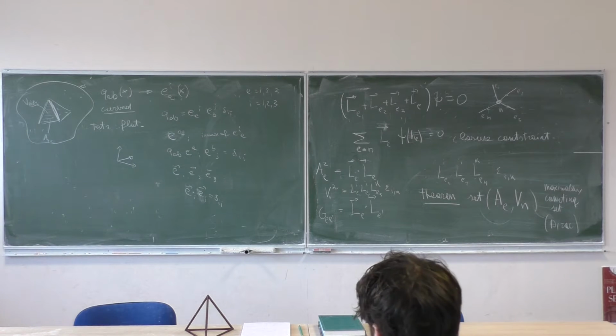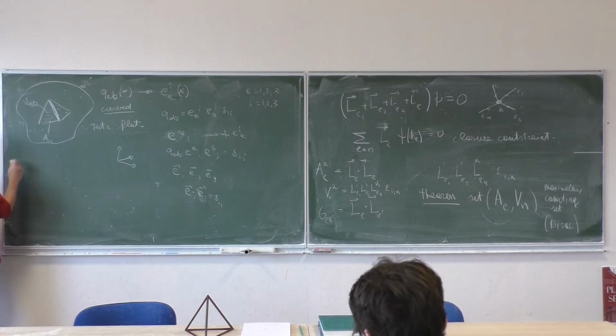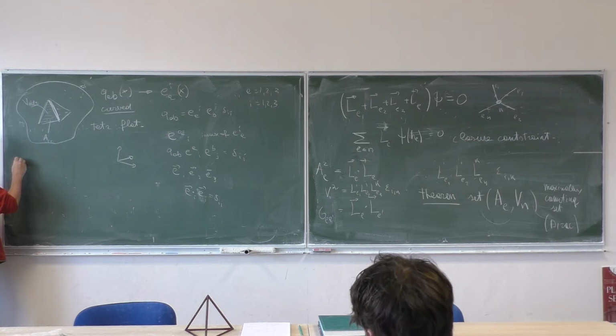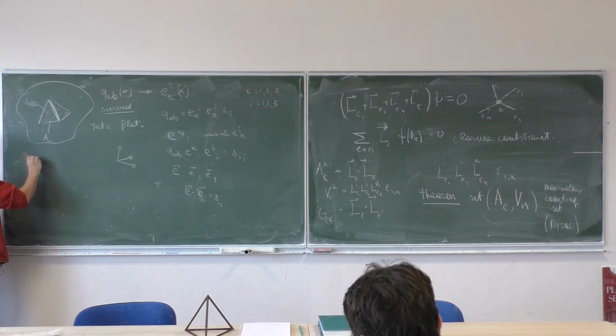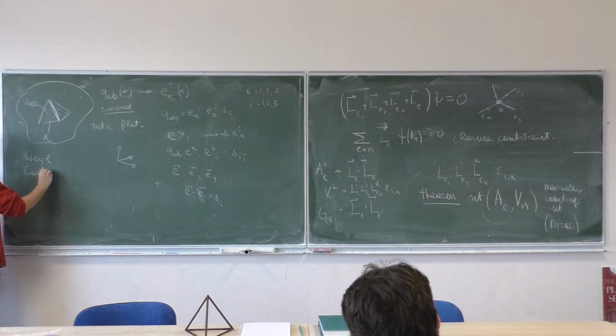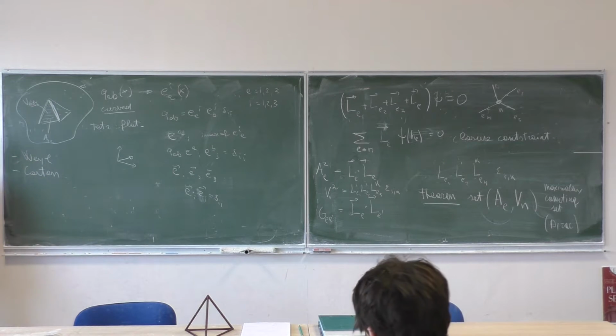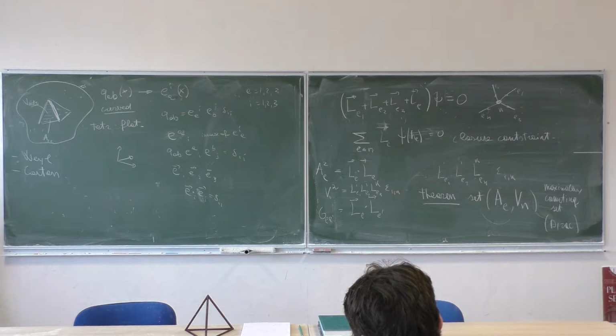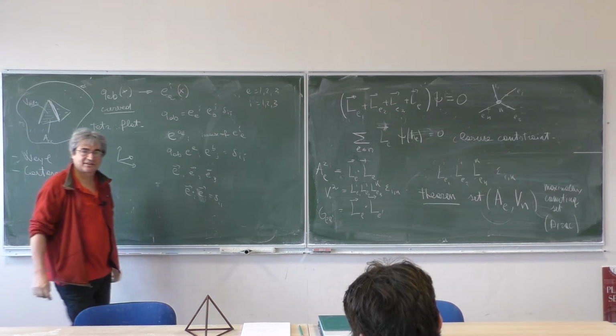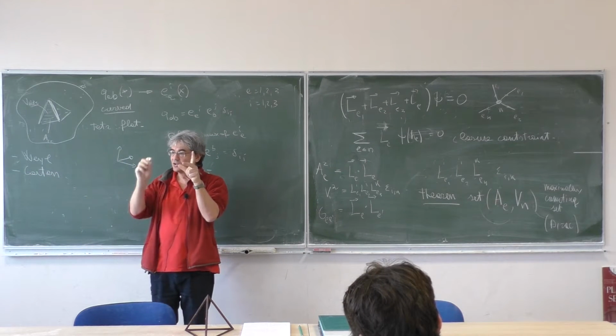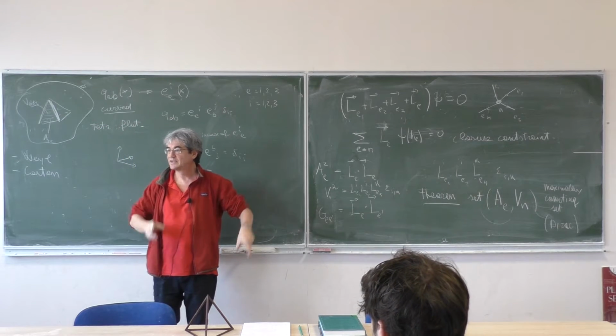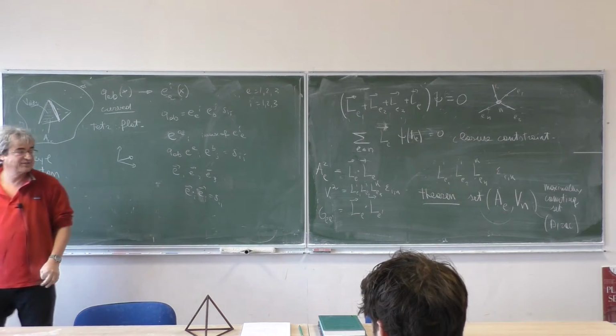That is the way of doing geometry, which is due to Weyl and Cartan, who did it independently in different manners. Weyl in a more physicist way, Cartan in a more mathematical way. Cartan called it a repère mobile. You have a repère in each point, and it's a way of fixing the metric.